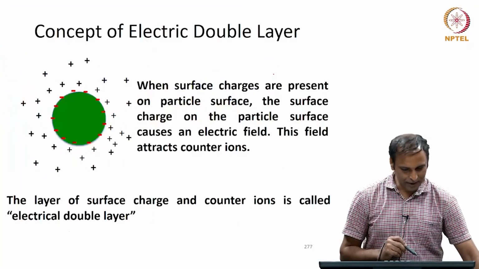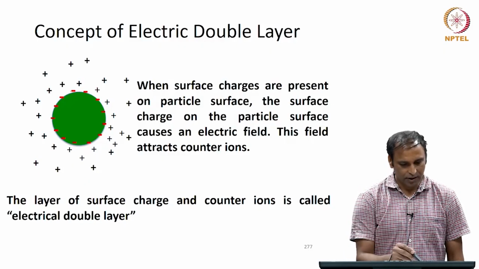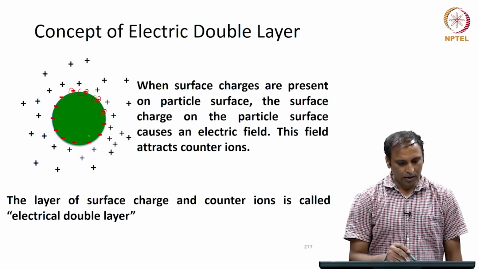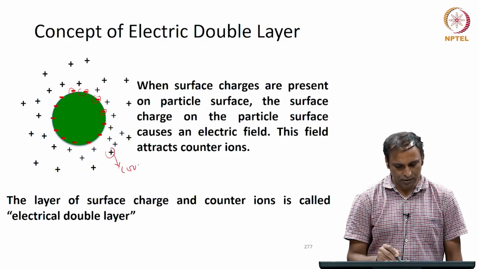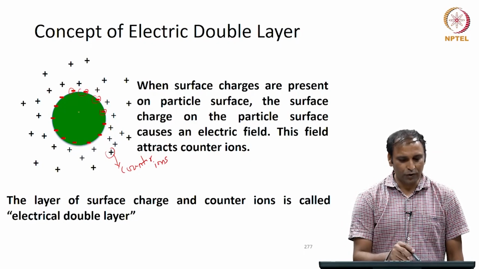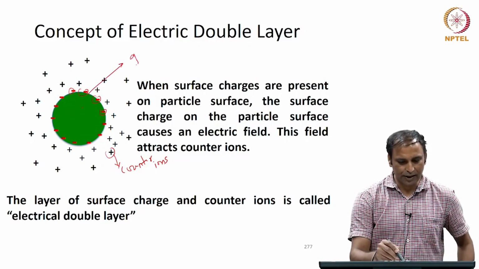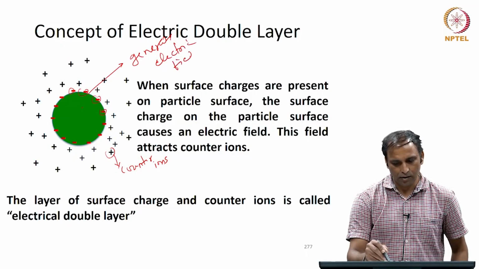I just want to quickly recap that. So, what you are looking at is a colloidal particle which has negative charges, which is represented by minus here. And of course, you are going to have these counter ions in solution, and whenever you have a charged species, it is going to generate an electric field, right.